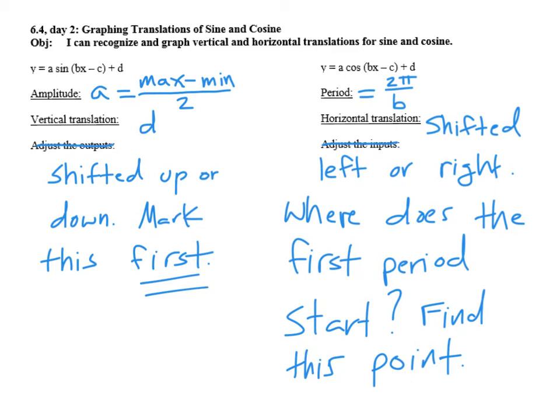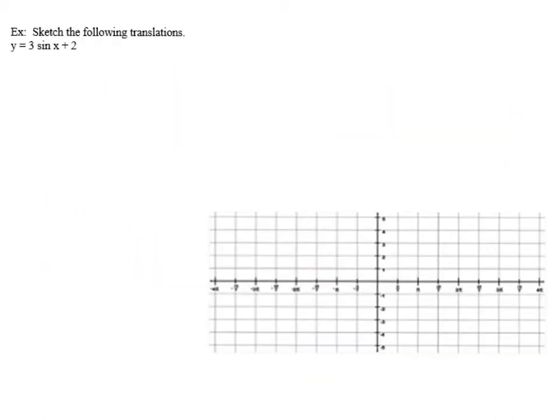All right, from here, let's dive into some examples. 3 sine x plus 2, okay? The instructions here are to graph 2 full periods of this curve. Now, if we were to make an accurate graph, which is what we're after here, with other types of graphs, we'd make a table of values.